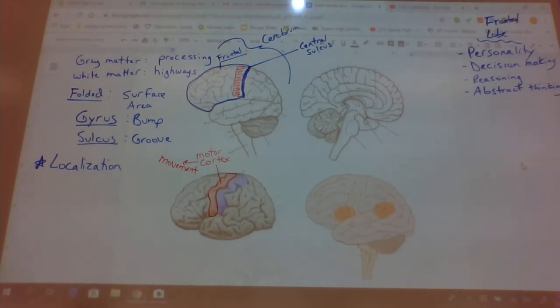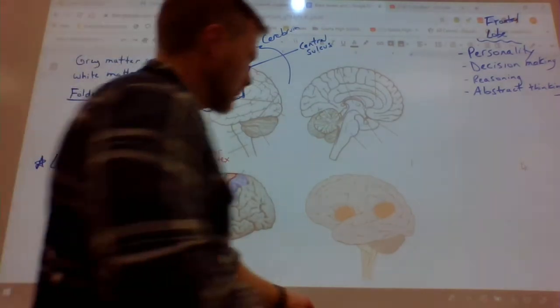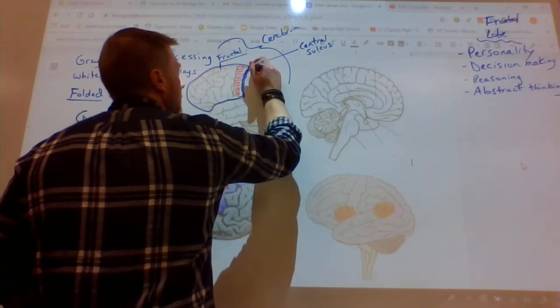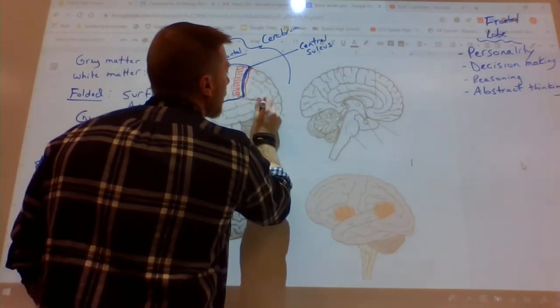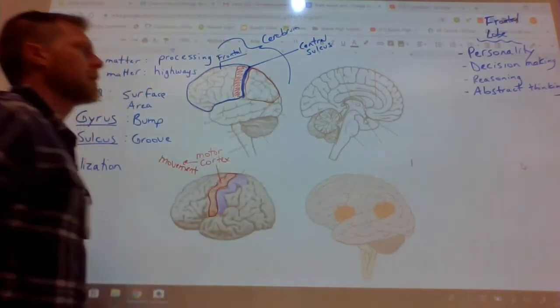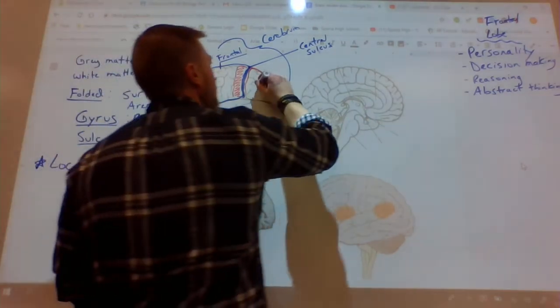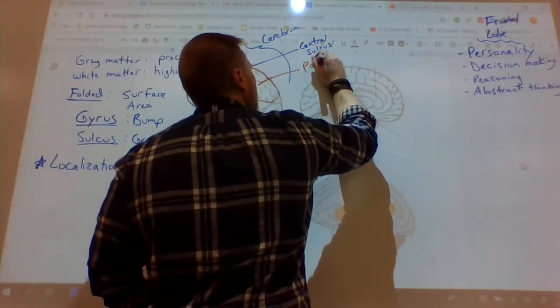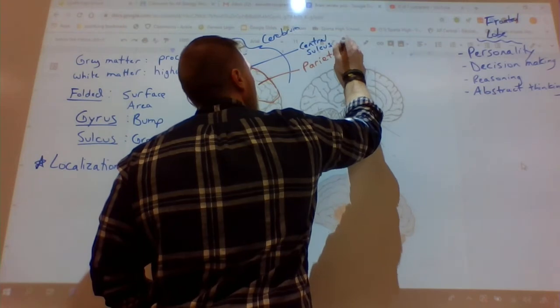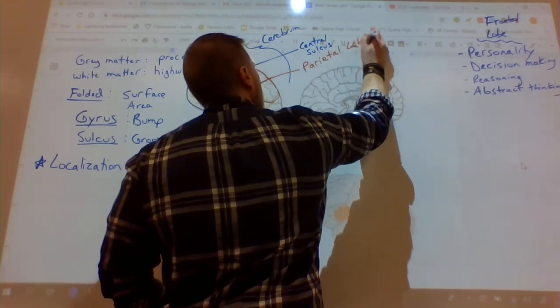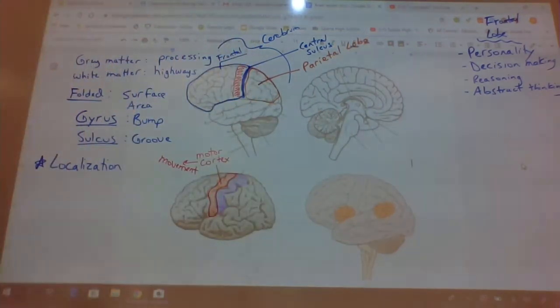So the lobe right behind the frontal lobe, right here, this lobe right here is called the parietal lobe. The parietal lobe is one that we spent a lot of time talking about.